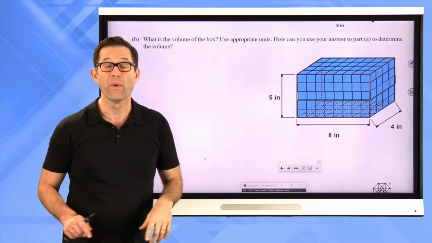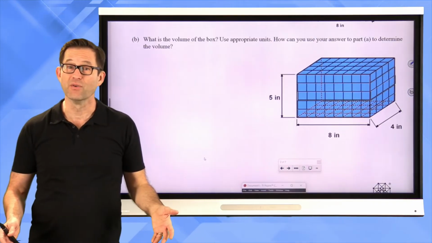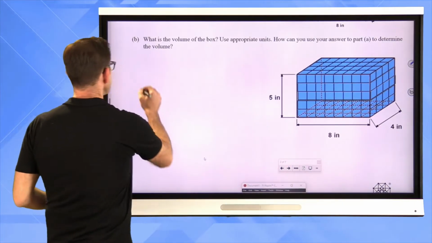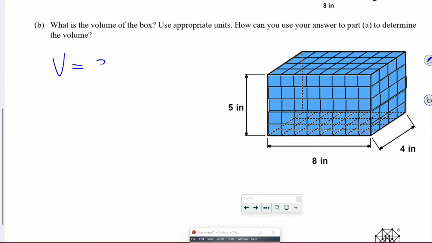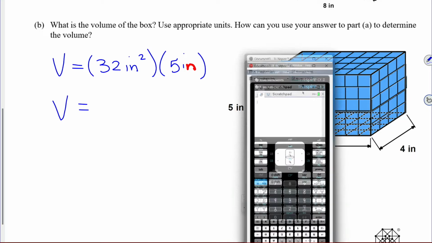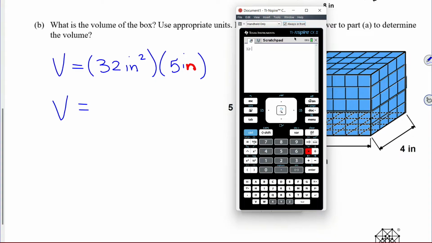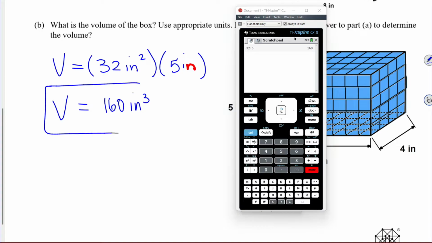We have 5 levels of 32. So we just get a volume of 32 square inches times 5 inches, and that's going to be 160 cubic inches.